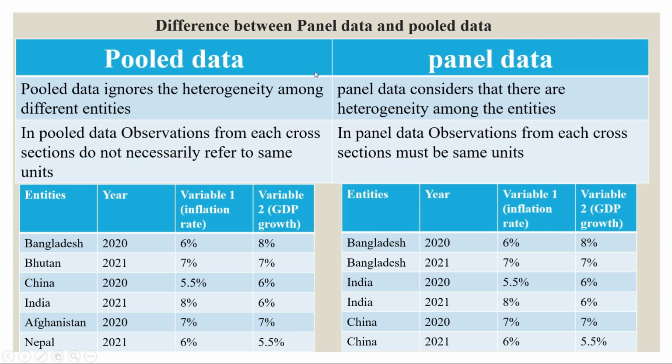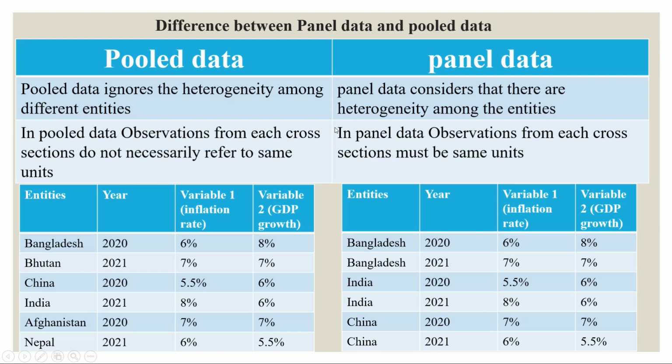If we consider only this difference, then we can't differentiate panel data from pool data by observing the data set. In some books, only this heterogeneity difference has been written. So if we consider only this, then after looking at the data set, we can't tell whether this is panel data or pool data.